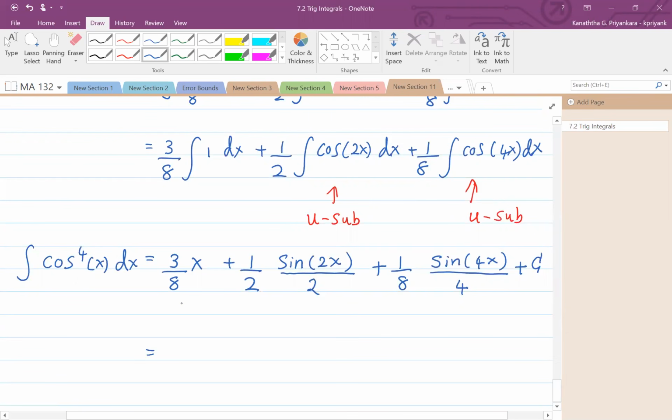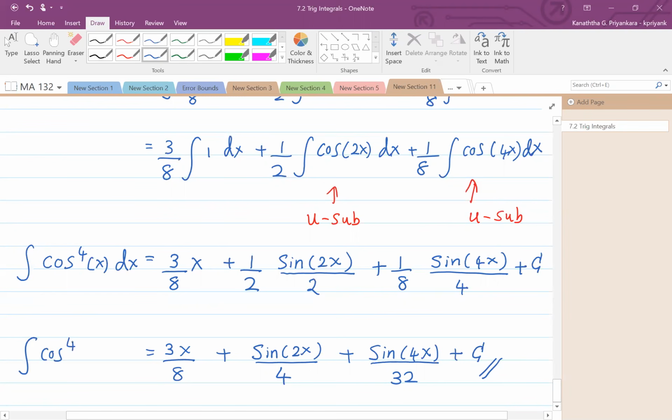Now we can simplify: we get 3x over 8 plus sine 2x divided by 4 plus sine 4x divided by 32 plus some constant. That would be the integral of cosine to the power 4 of x dx.